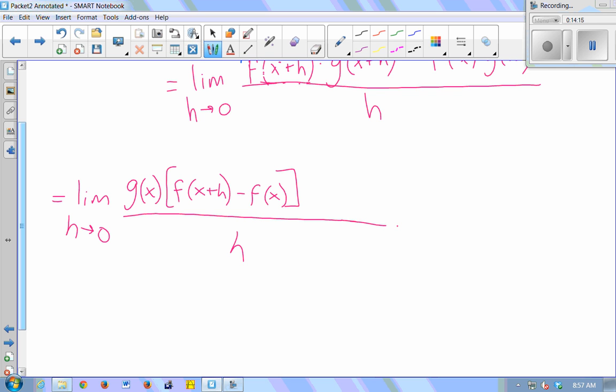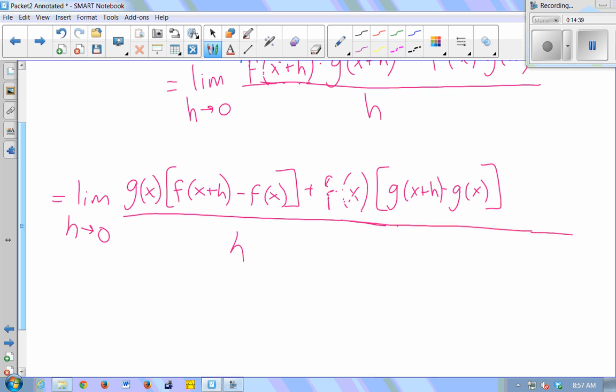So that's my vertical long skinny green rectangle. Sorry, that's the horizontal one. And then the vertical one is f of x times g of x plus h minus g of x.